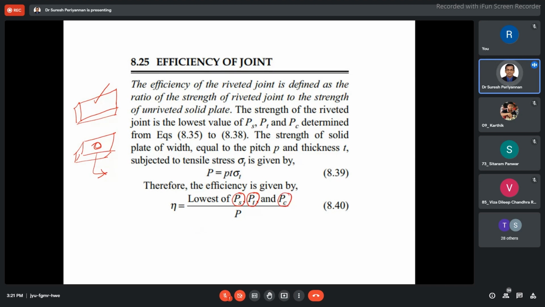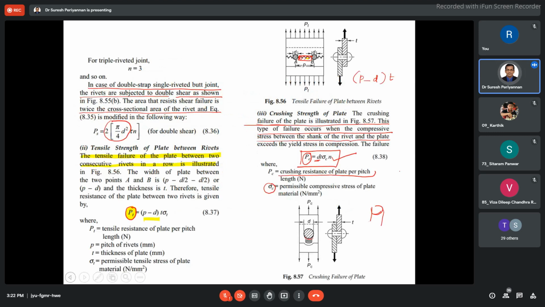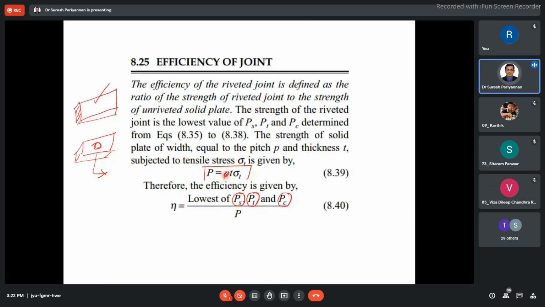Now when we are not introducing the holes, this is the strength of the plate. I am considering only one pitch length. One pitch length means the length is P, then thickness T into sigma T. Then the efficiency of the joint is the lowest of PS, shear resistance, or tensile resistance, or crushing resistance, divided by P. This P T sigma T is the strength of the solid plate.